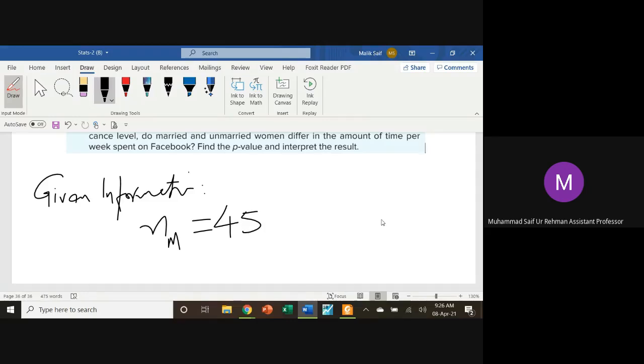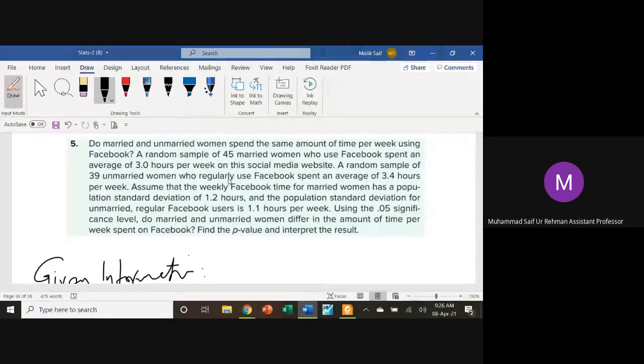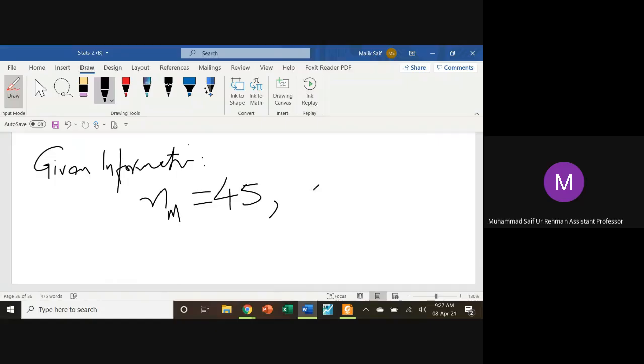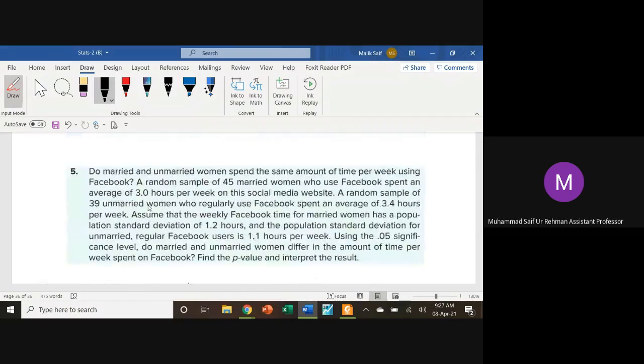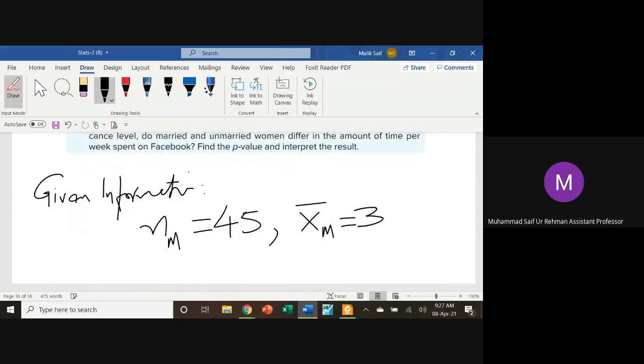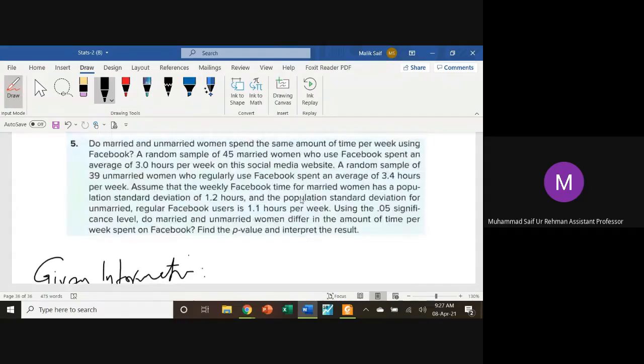Okay, then read onward. A random sample of 45 married women who use Facebook spent an average of 3 hours. Average of 3 hours means x m bar, because it is from a sample, so not mu, it is x m bar, so it is 3 hours. Read onward.